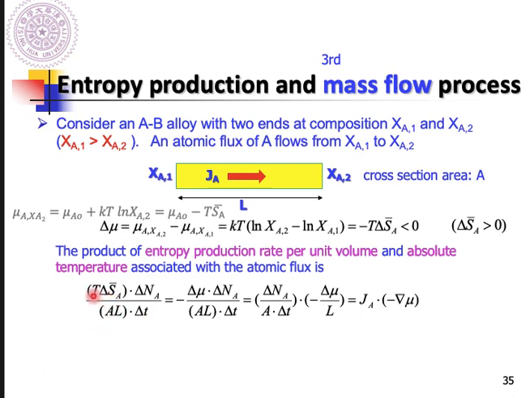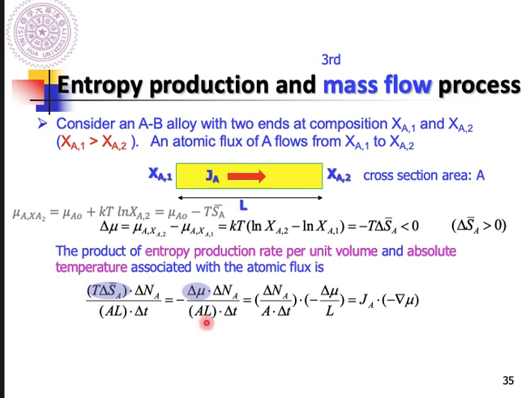T delta S is dq, and comparing this, it is the minus chemical potential difference. So we put a minus potential difference here, and the rest of the parts are the same.